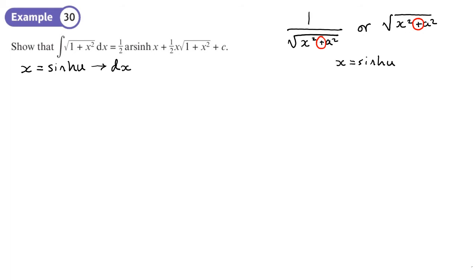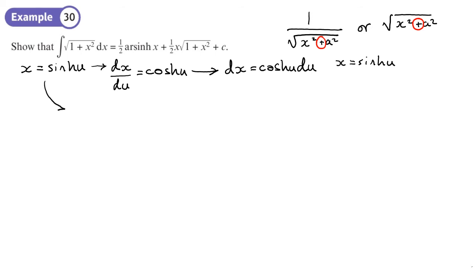Now we need to find dx/du, because we need to replace the dx. That'll be cosh u. So from there we can get dx equals cosh u du. Okay, and we'll do this bit for the end actually.